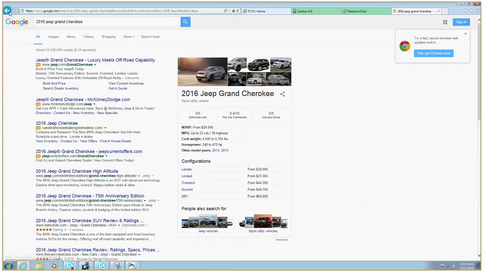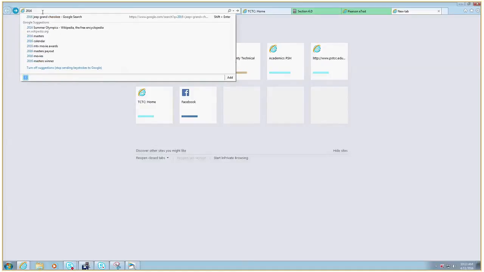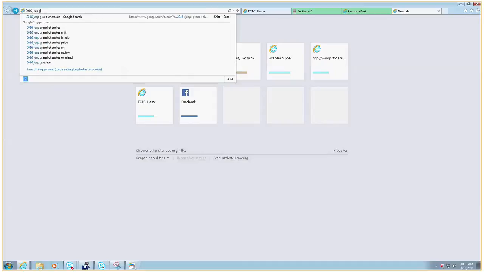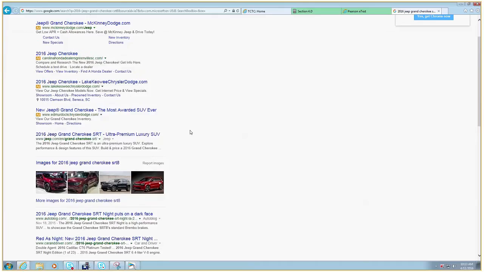You done messed up. Typical guy. Dadgummit. The 2016 Jeep Grand Cherokee. Is this the bells and whistles too? Yes, this is like a racing series. Oh my lord. A Jeep racing series.